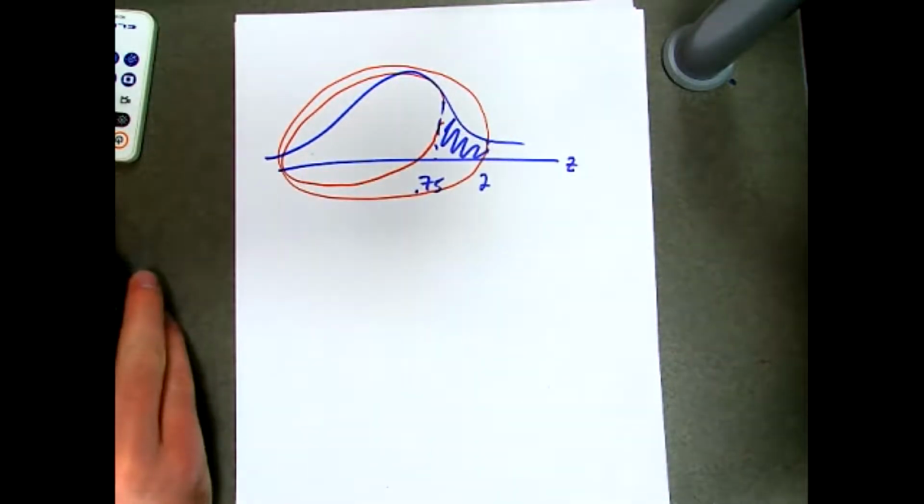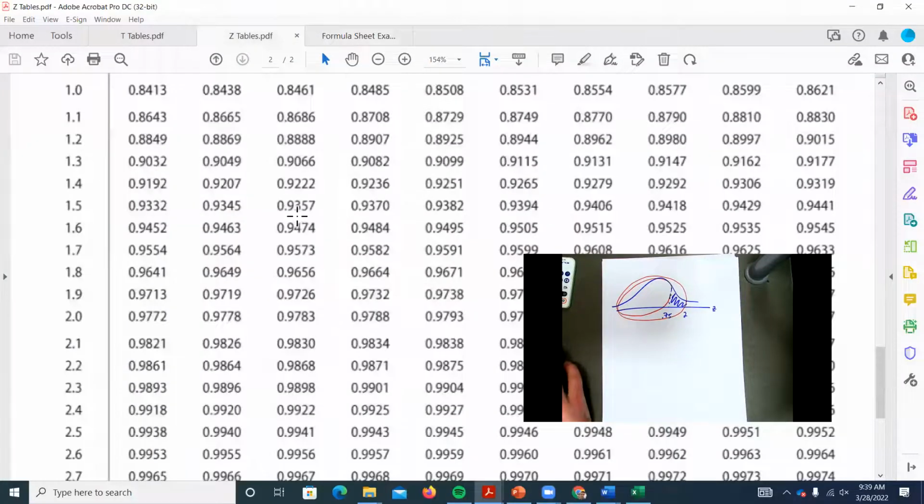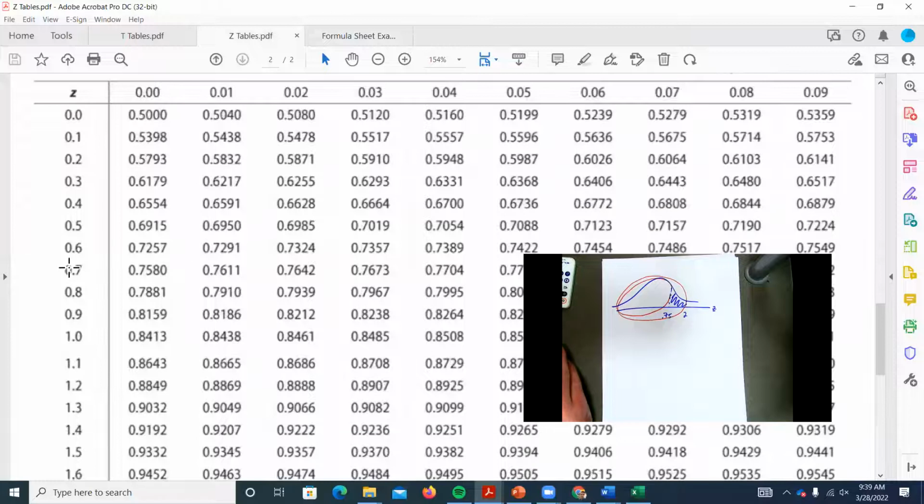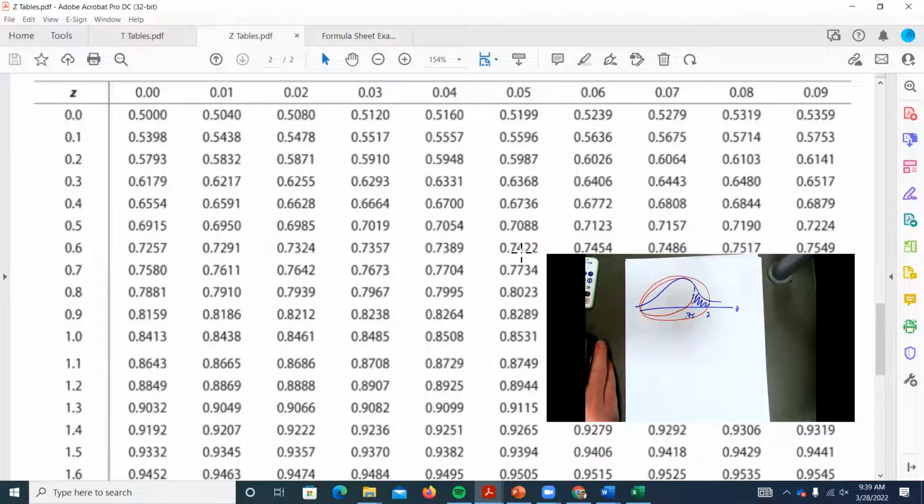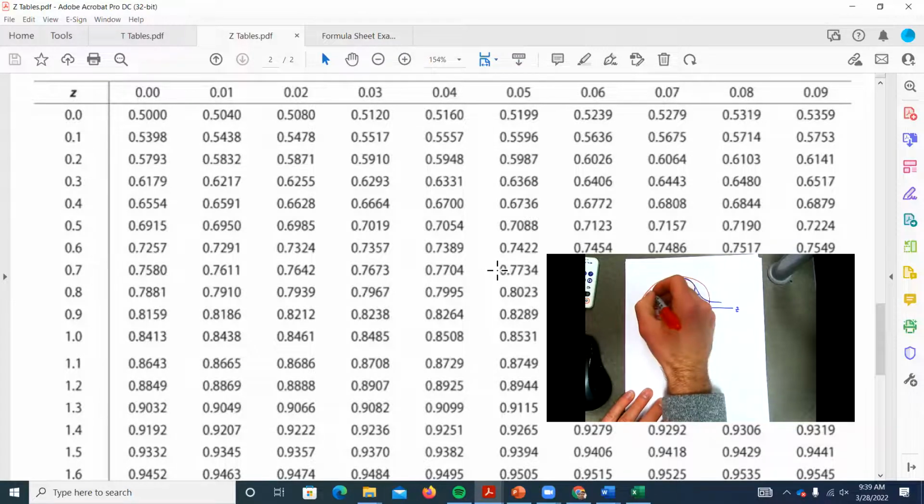So I'm just going to go ahead and do that here real quick. We'll go to our z tables. I want 0.75, so 0.7, I have to move this a little bit, 5 here. 0.7734. So this is the smaller area, 0.7734.